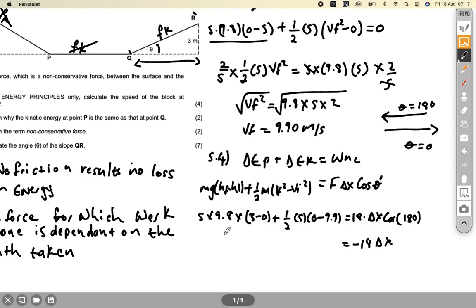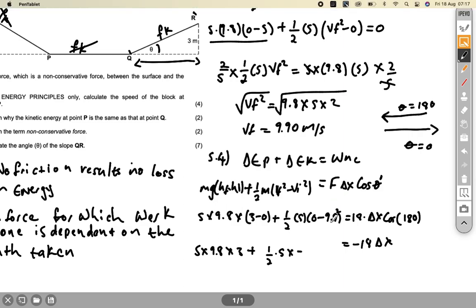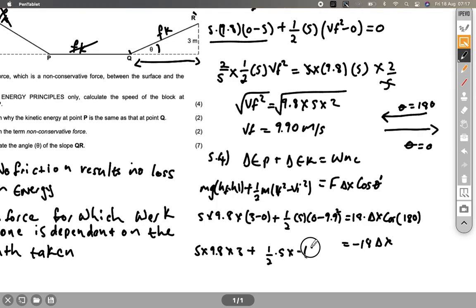And then we're just going to say 5 times 9.8 times 3 plus 1 over 2 multiplied by 5 times negative, sorry, I forgot the square here, 9.9 squared.